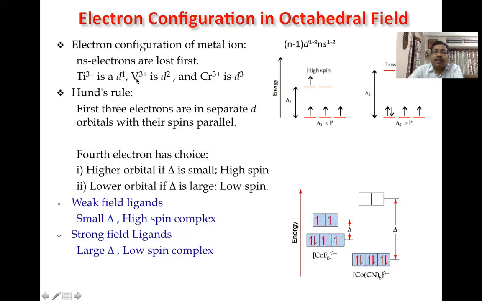Similarly, vanadium in the +3 oxidation state will have only 2 electrons in the d orbital. Chromium(III) will have 3 electrons in the valence d orbital.